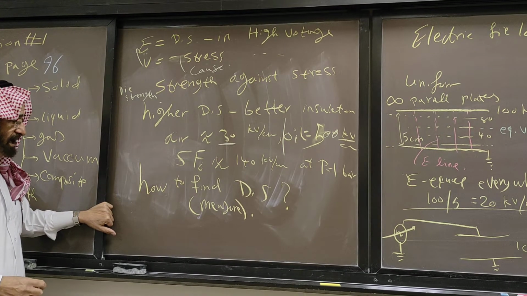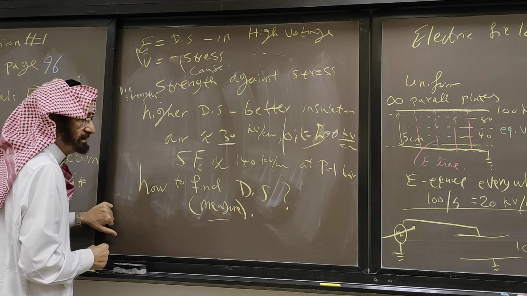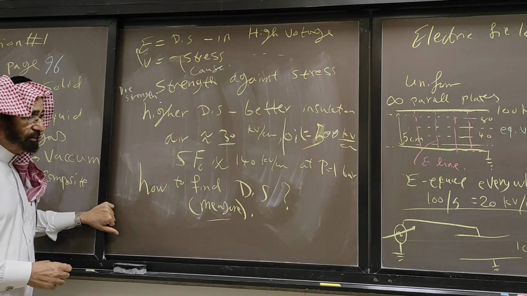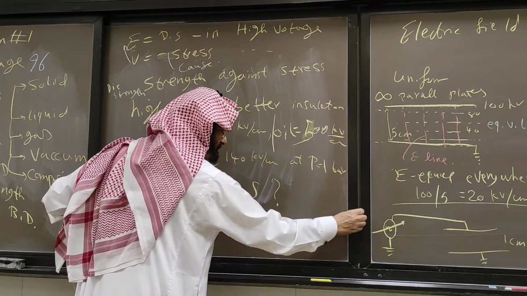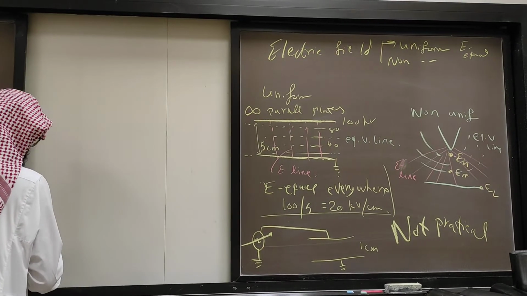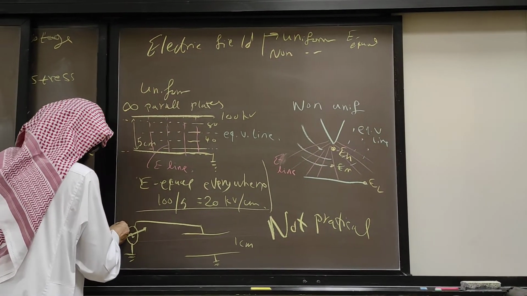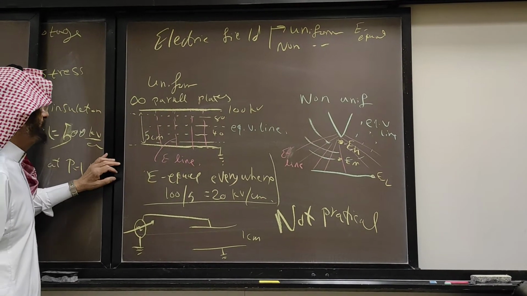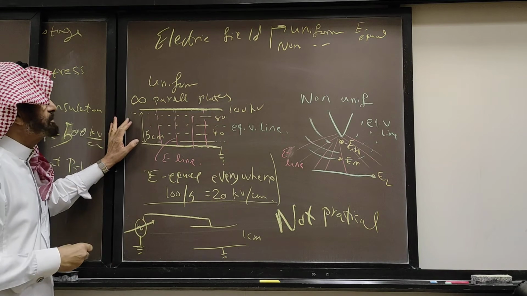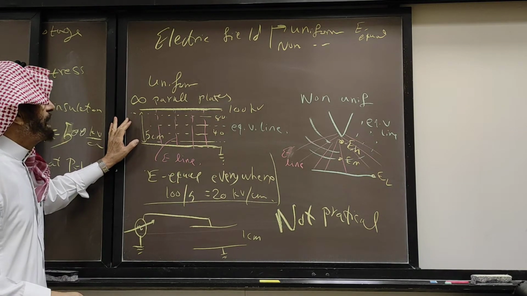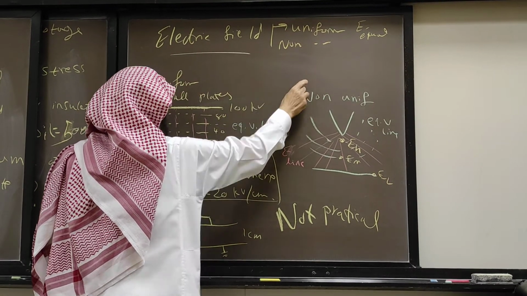Now in our experiment, how do we measure dielectric strength? Before we talk about this point, we have to go back to the course. Electric field can be divided into uniform field and non-uniform field.